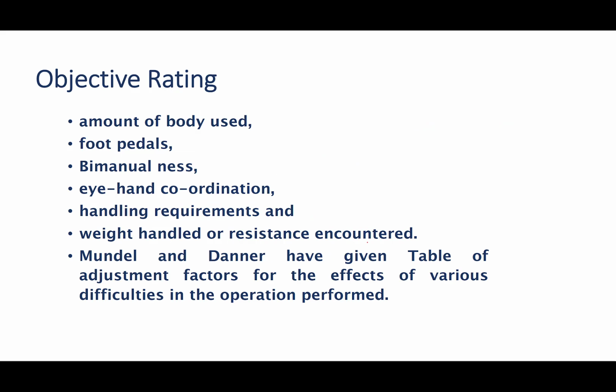What are the different things that are needed while performing the job? When the worker is performing the job, it is analyzed to see the degree of difficulty associated with the performance of the job, and then it is clubbed with the pace rating. So pace rating is one thing and the degree of difficulty is another.